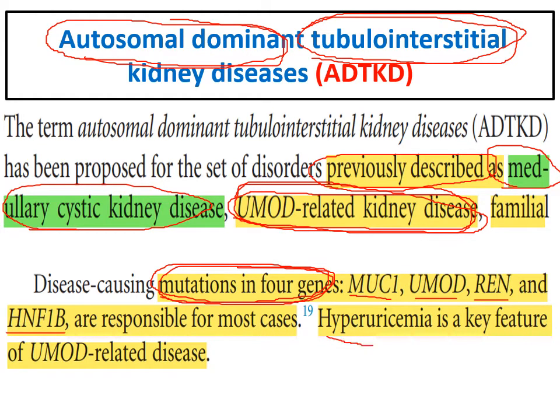Hyperuricemia is a very important feature, especially with the uromodulin related cases. We said there are 4 genes and uromodulin is one of them, and when uromodulin is causing the disease, hyperuricemia is a common feature.